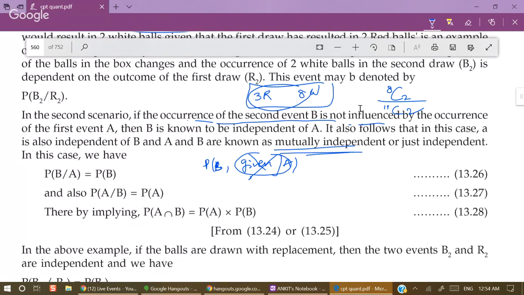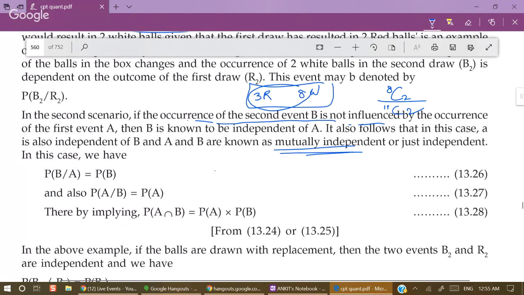If the chance of Chennai winning this IPL again is 0.3, it will remain 0.3. Rain in South Africa won't change it, and it won't make it zero either. Such events are called independent events. The probability of occurrence of B will remain the probability of occurrence of B; the occurrence of A will not make a change because the two events are independent.